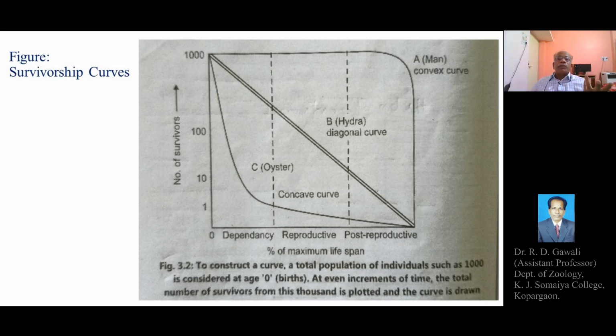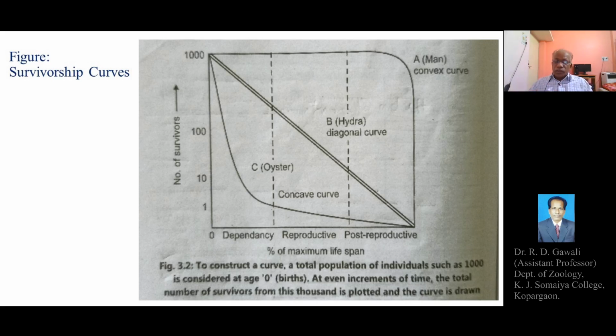Since these are survivorship curves, we have considered the rate of mortality under three different conditions of the death rate among the population of 1,000 individuals. So now the curves are plotted. The total number of survivors from this 1,000 is plotted and the curve is drawn.